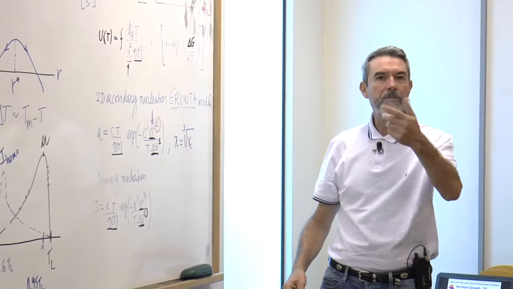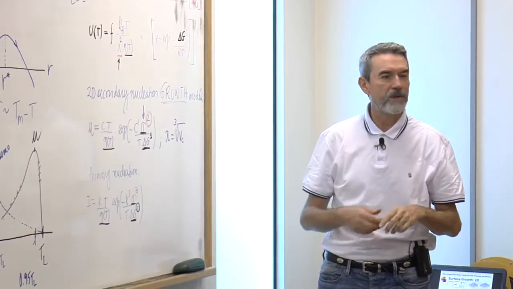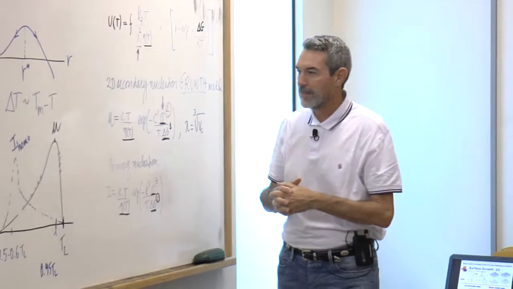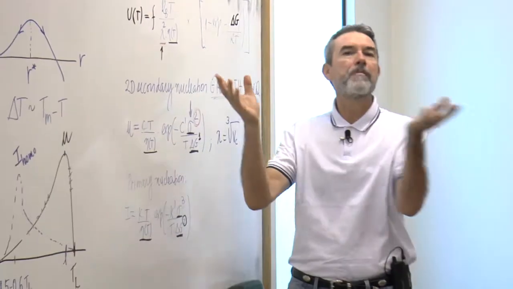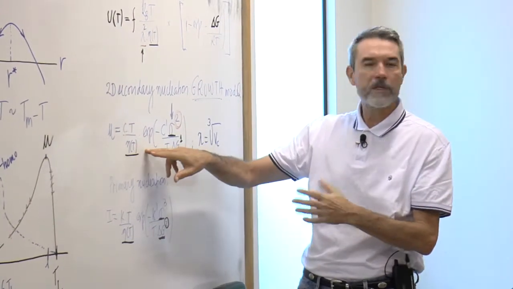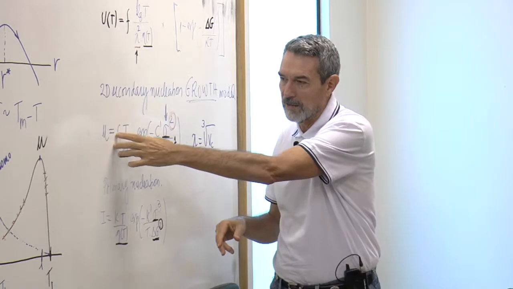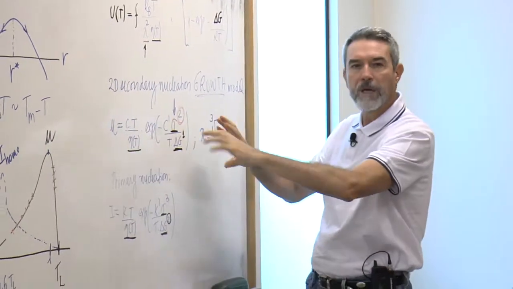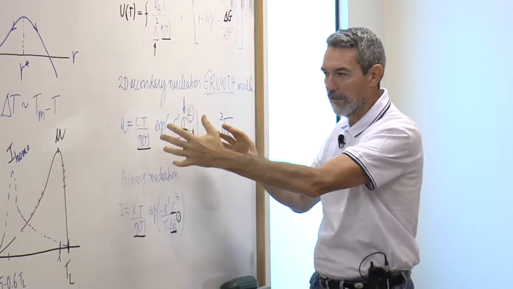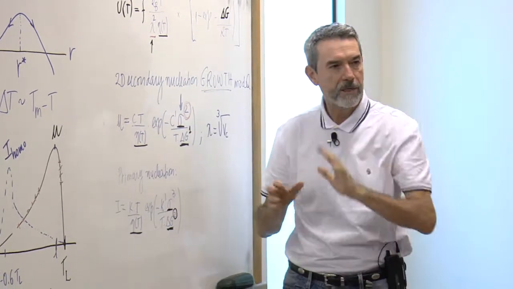She is asking, let me translate for our international guests, where is lambda? Lambda has disappeared? No, lambda is inside the constant. I have only written a short form of the equation. Lambda is here.